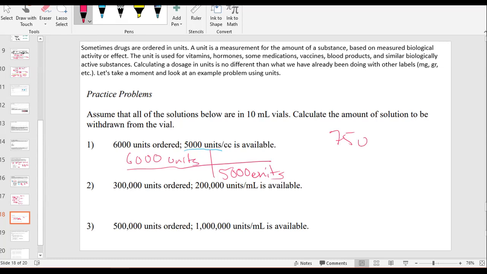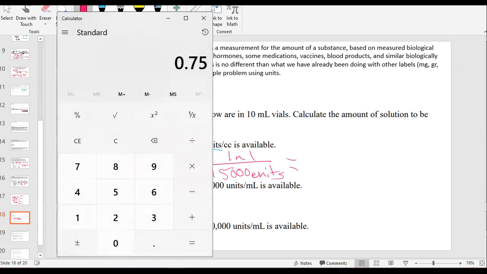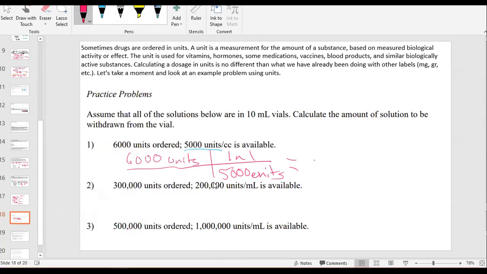You cannot tell, right? So you always write the word units out. Don't just write the U. That's to avoid errors. And 1 cc equals 1 ml. So that'll be 6,000 divided by 5,000, which is going to equal 1.2 mLs because my units will cancel. And then I just have 1.2 mLs.